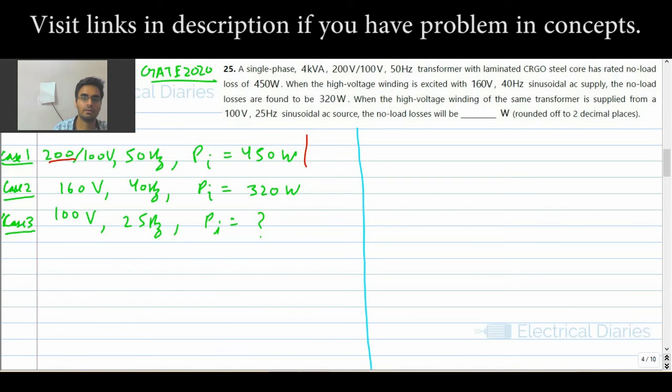V by F is 200 by 50, it is 4. Here 160 by 40, it is 4, and here 100 by 25, it is 4. So V by F is the same.